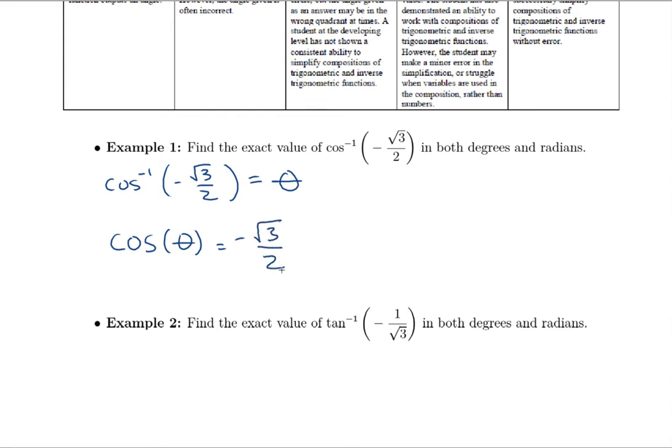But the key here is that cosine inverse will only spit out very specific things. It only spits out angles on the top half of the unit circle, or from 0 to pi. So in this top half, when will the cosine be negative root 3 over 2? Well, that's going to be over here, right?